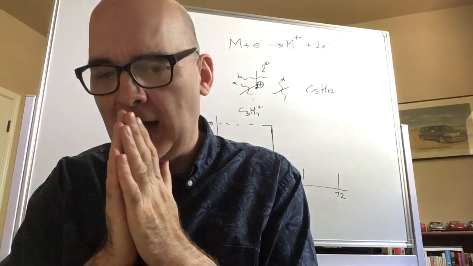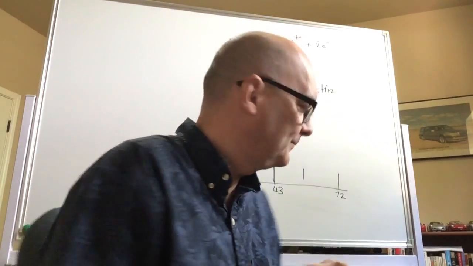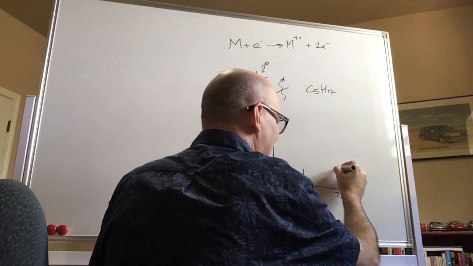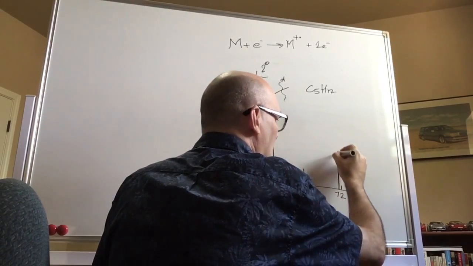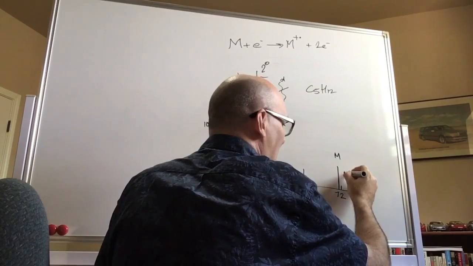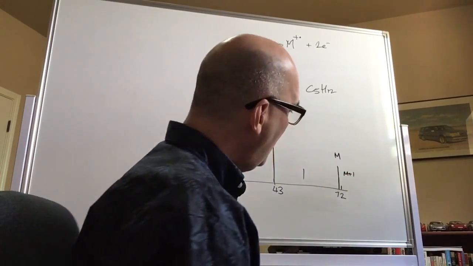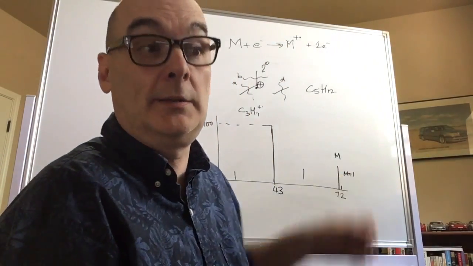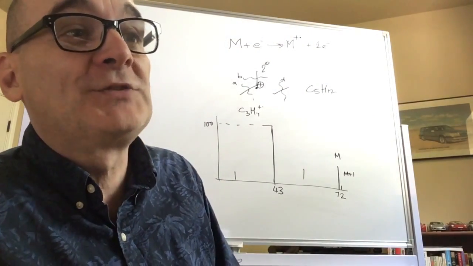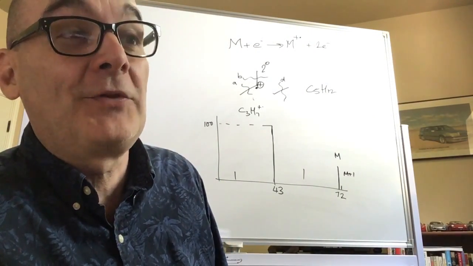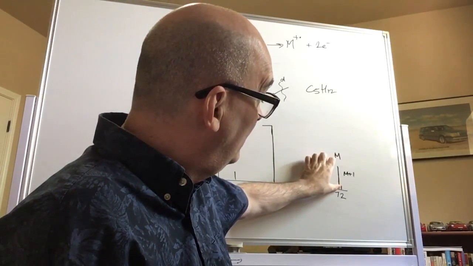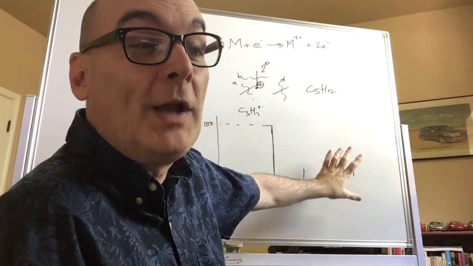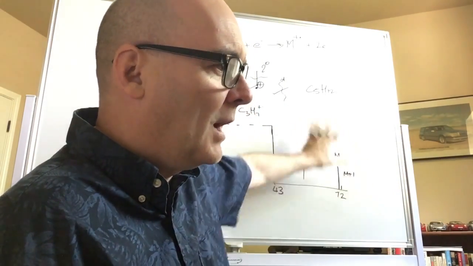So if you look at the size of the molecular ion, and then the size of the molecular ion plus 1, because the molecular ion plus 1 is carbon 13. Now, we know that carbon 13 is 1% of the carbon that's out there.